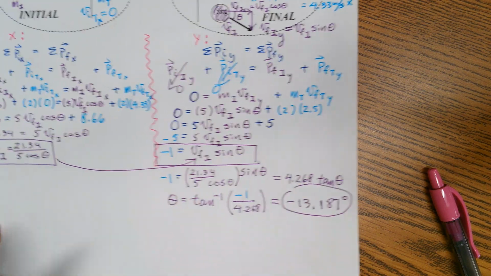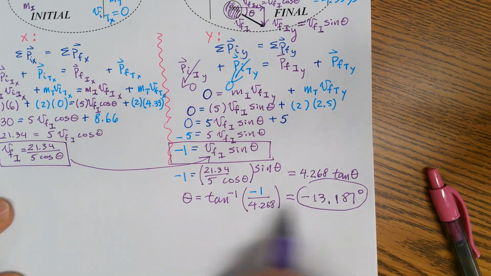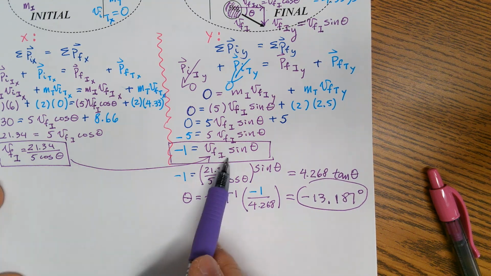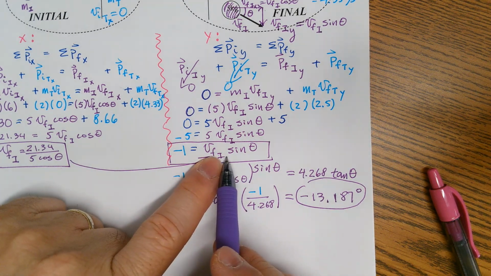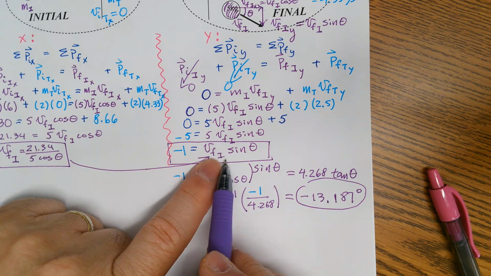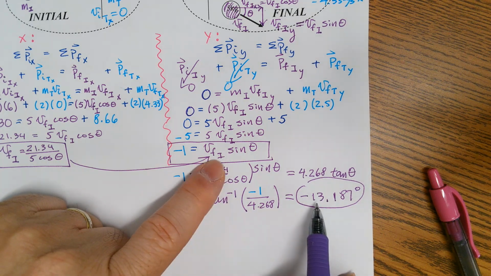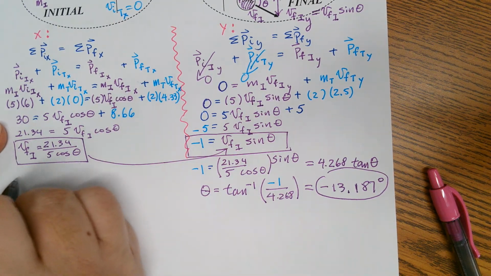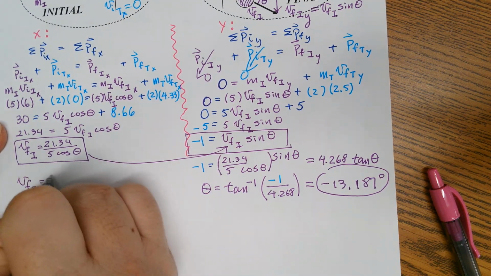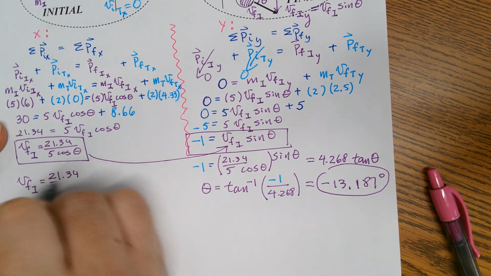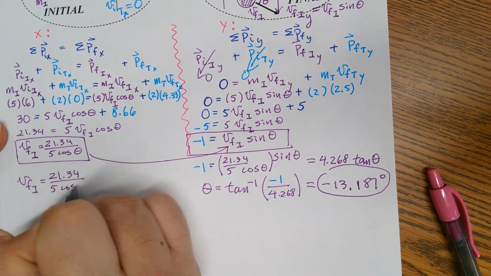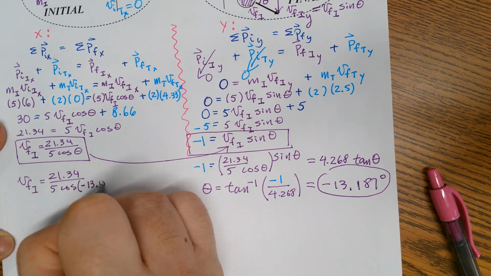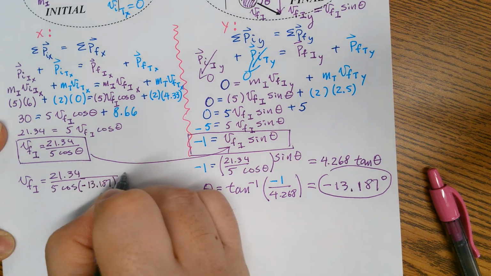So we plug this back into either here or here. It doesn't matter. Let's plug it in here. So VFI is equal to 21.34 over 5 times cosine of negative 13.187 degrees. What is that?